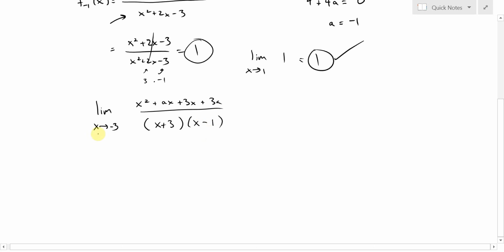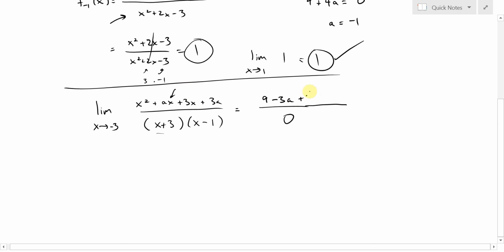Alright, so as you plug in a -3, obviously the bottom is going to be 0. This term is going to be 0. So we are going to divide by 0. Our first inclination now is to just plug in the value of -3 for x. And what do we get? Well, you get 0 on the bottom, like we just said. You're going to get -3 squared, which is 9. Times a is going to be minus 3a, since x is now -3.